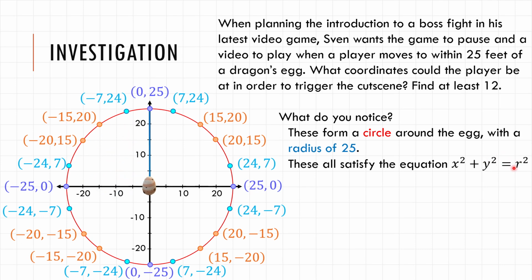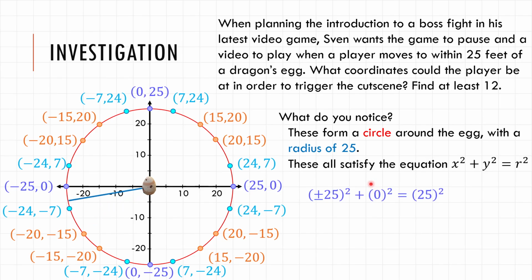And to break this down further with the examples that we used, for example, I could have taken 25 squared plus 0 squared, and that gives us 25 squared, obviously. But even negative 25 squared would give us the same thing because we are squaring it. So whether it's positive or negative, the value when we square it will be positive. I could have also swapped these places because these are being added, so the order of addition doesn't really matter.